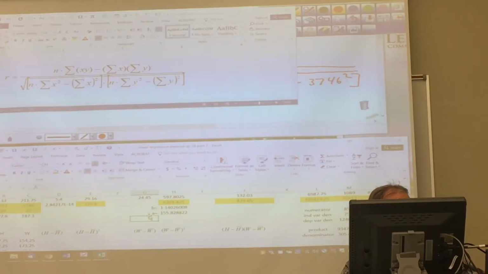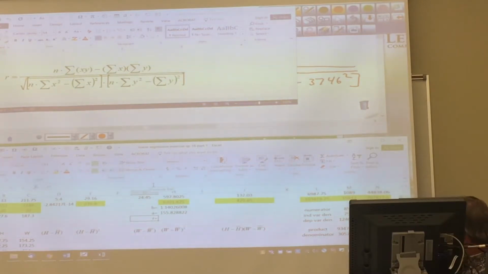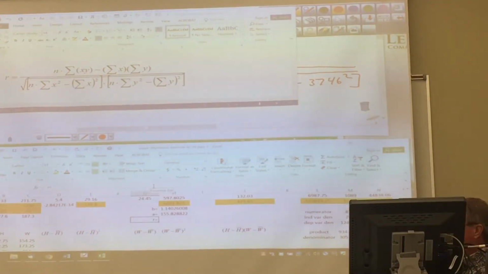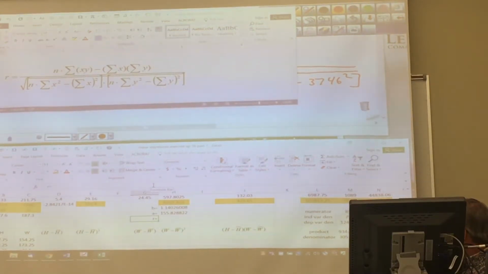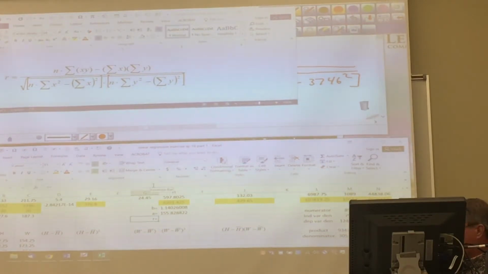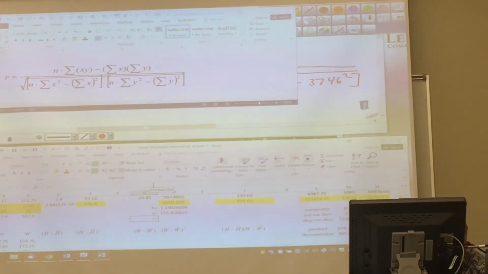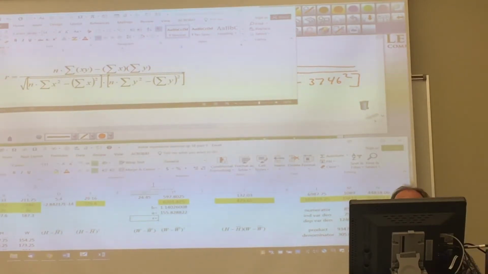So to get my R, I'm going to take my numerator, which is 8593, and divide it by my denominator, which is 30573.503.